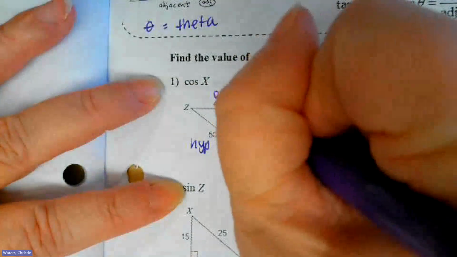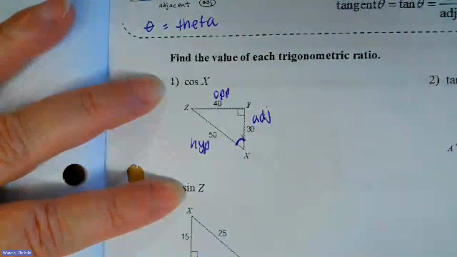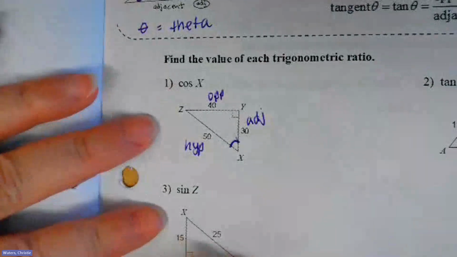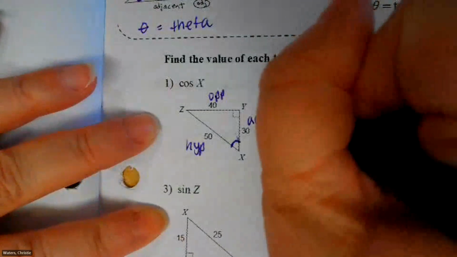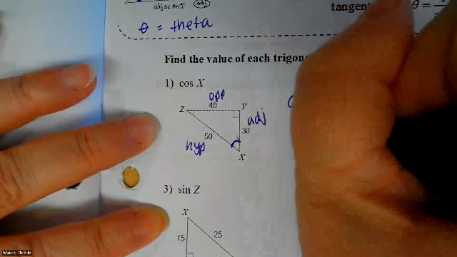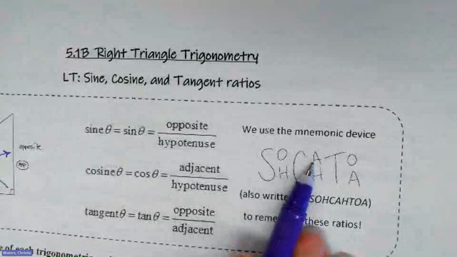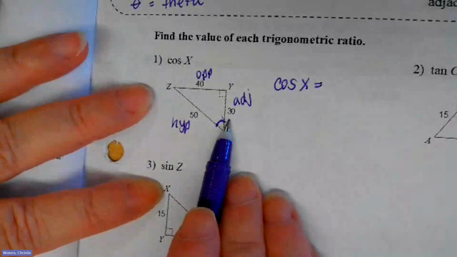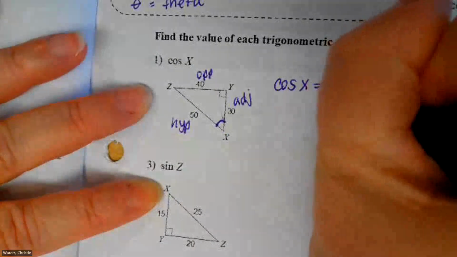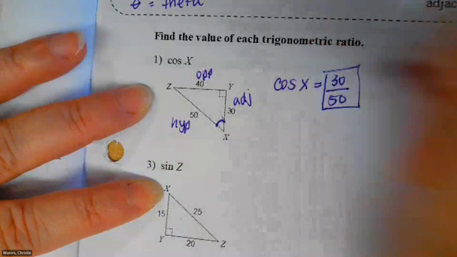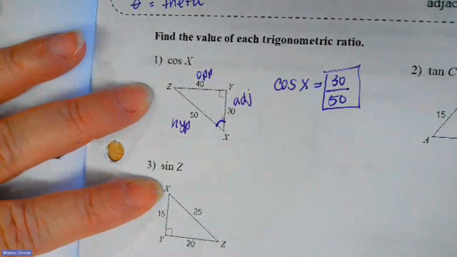And the side you haven't labeled yet is your adjacent side. So this problem is asking us to find the cosine of x. So the cosine of angle x. Cosine, if I look here, is adjacent divided by hypotenuse. So this adjacent side is 30, and the hypotenuse is 50. That's all you have to write, 30 over 50.